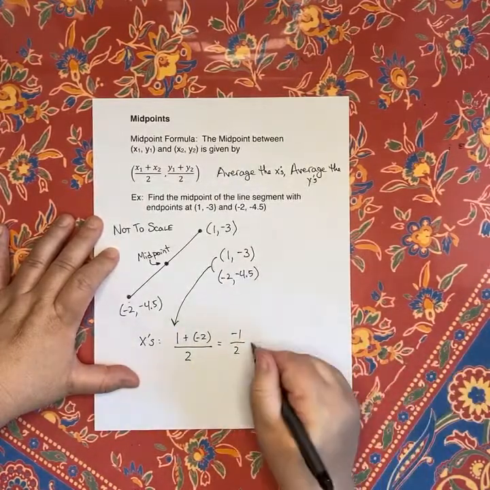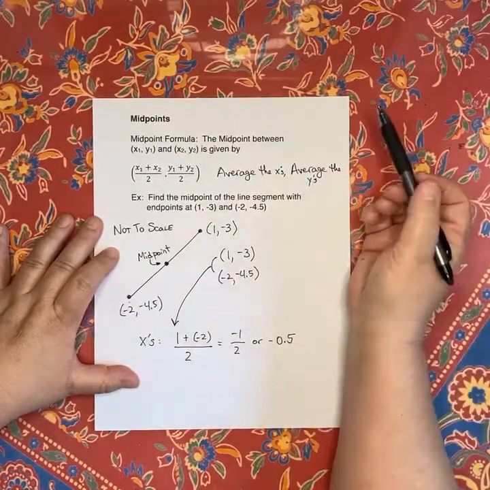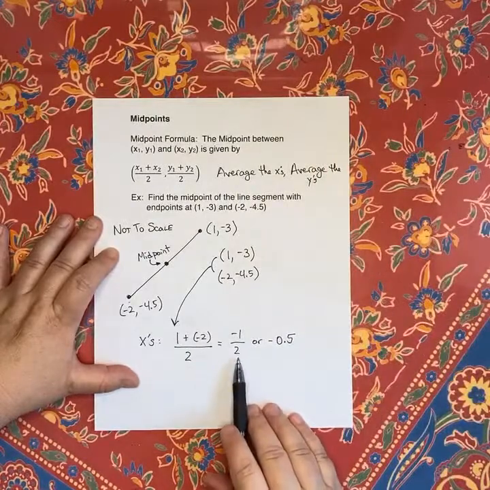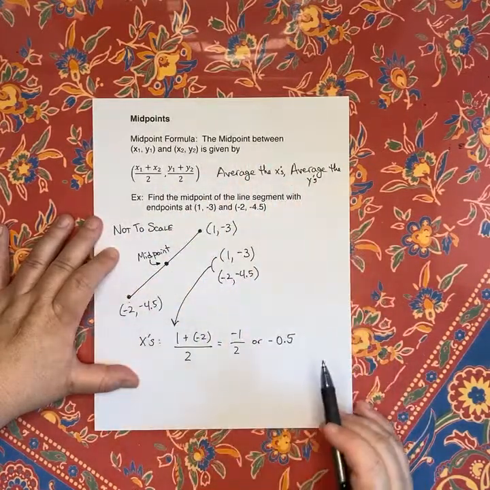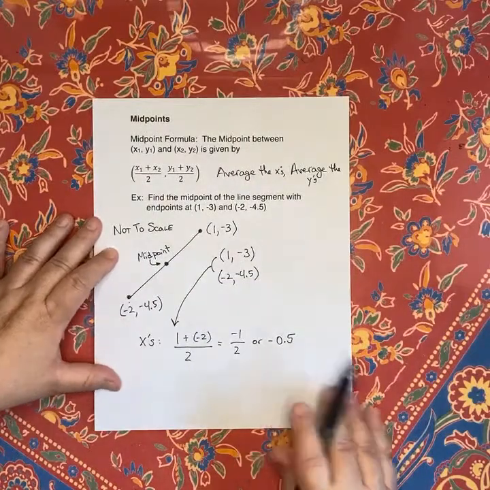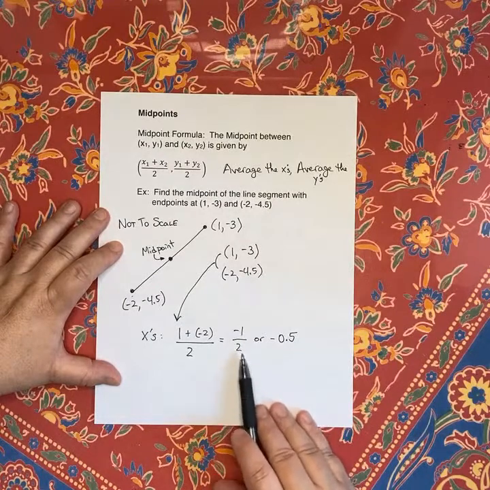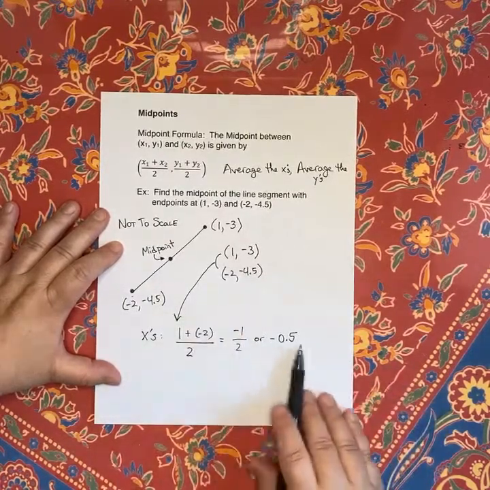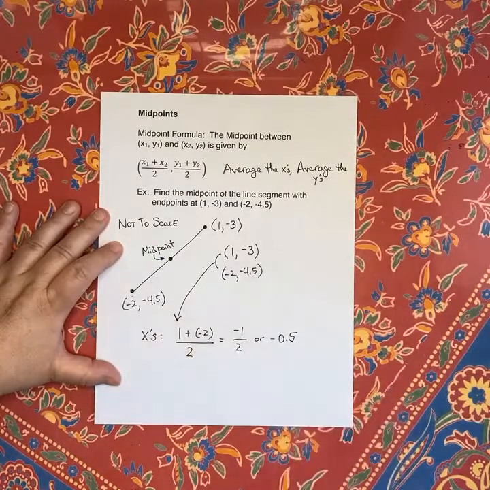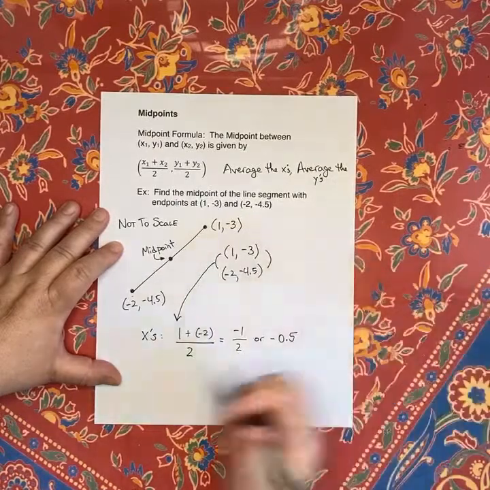So it's either -1/2 or -0.5. A lot of times mathematicians will stick with the fraction, but if you're not otherwise told that you can't use it, you can usually use decimals as well. The exception to that would be if this is not a nice number. So if we're at -1/3, then you should write it as a fraction because it doesn't have a nice terminating decimal approximation.